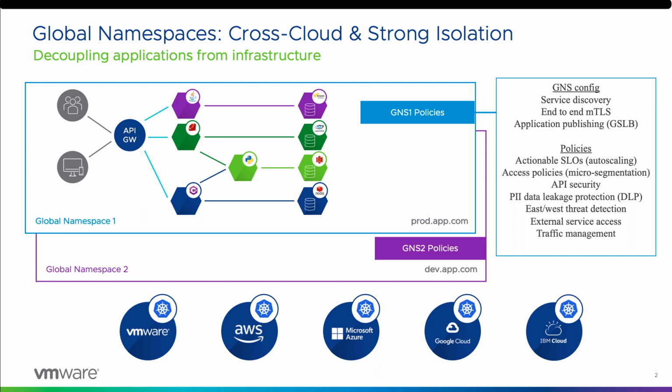When you group those services in those clusters, the first thing that will happen is the global namespace will automate the service discovery mechanism, which is basically automating DNS into those clusters. For example, if we have a purple service running in VMware TKG, and the blue service running on EKS, in order for the purple service to find the blue service, someone needs to tell the purple service the IP of the AWS cluster.